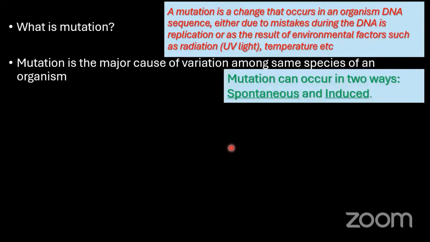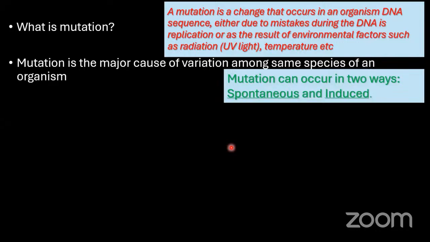Induced mutations are deliberate acts by scientists to alter the DNA sequence of an organism for personal purpose. This personal purpose can be for the benefit of humans. It is usually carried out in the laboratory, whereas spontaneous mutation occurs naturally without any human input.